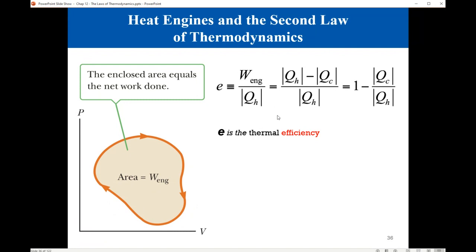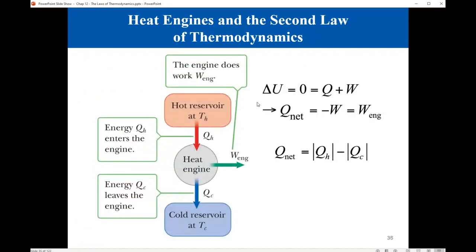The efficiency of the heat engine is equal to the work done by the engine divided by QH. So this is the output, this is the input, this is the waste.